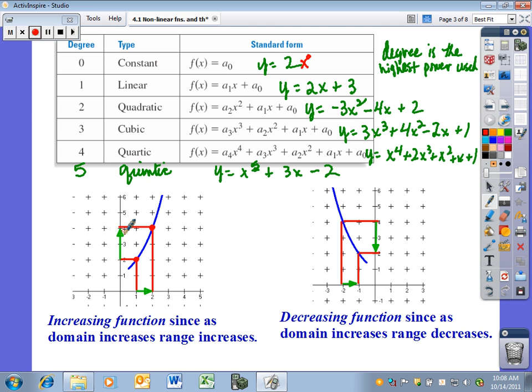Versus a decreasing function, which falls, and if I look at these pieces, as my x's increase from a negative 2 to a 1, my y's decrease. So it's a falling function. And a function can have parts that are increasing and parts that are decreasing. Where it rises is an increase, where it falls is a decrease.